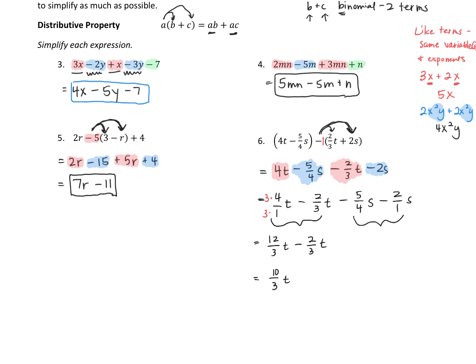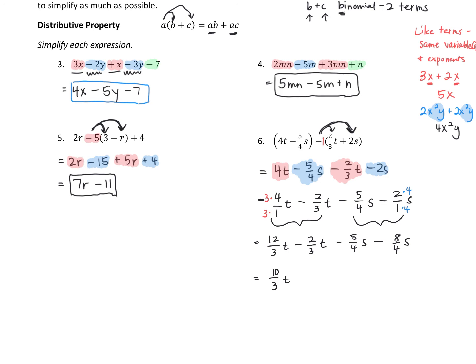All right, let's do the s's now. So I have a 4 and a 1 as my two denominators. So I'm going to be able to scale up the 1 to a 4 by multiplying by 4. Whatever I do to the denominator, I have to do to the numerator, so I can keep it an equivalent fraction. So I'll bring down the minus 5/4 s, and then this will be minus 8/4 s. 2 times 4 is 8, and the 1 times 4 is 4.